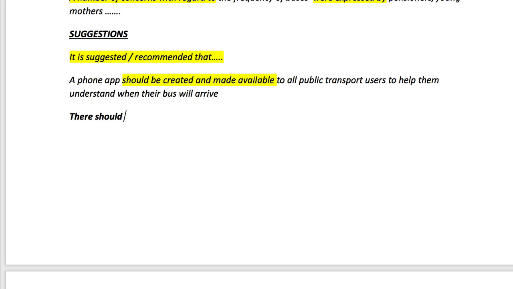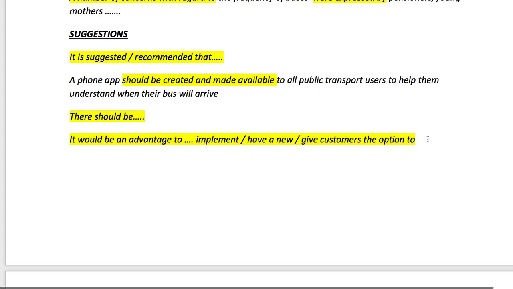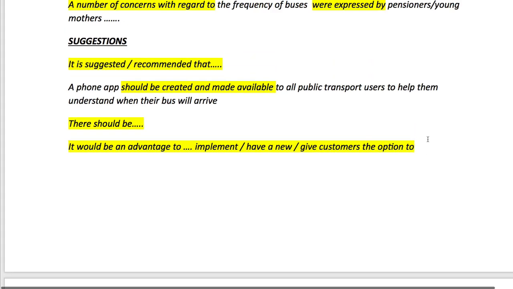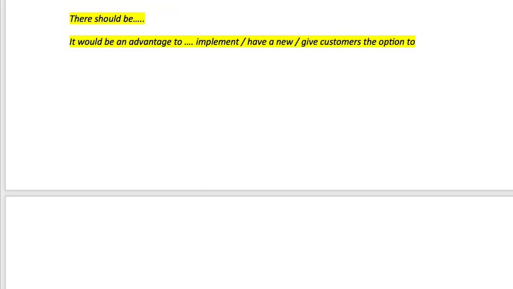There should be, or it would be an advantage to, whatever you want to say, implement, have a new, give customers the option to, whatever it is you are going to talk about. So I have highlighted those in yellow because they are also very useful for your CAE proposal writing. You could then add some bullet points where you give more options, more suggestions, more recommendations.